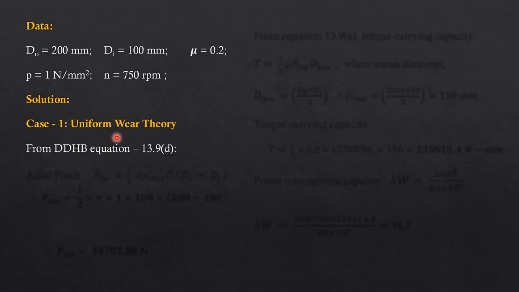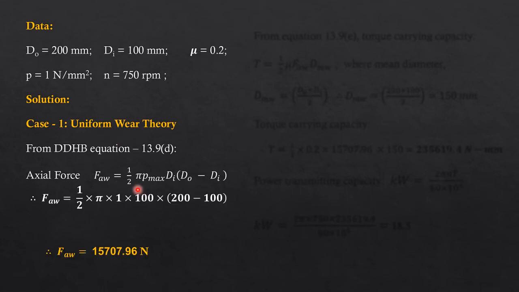Now let us begin the solution by initially taking into account uniform wear theory. For uniform wear, we know from our design data handbook, we have equation 13.9d, right, which will give you the axial force needed. Now all the parameters in this formula are known to us. Substitute and you will get the axial force as 15,707.96 Newton. All right, so you know the axial force. You can now go ahead and calculate the torque carrying capacity.